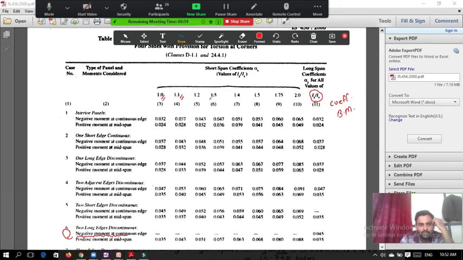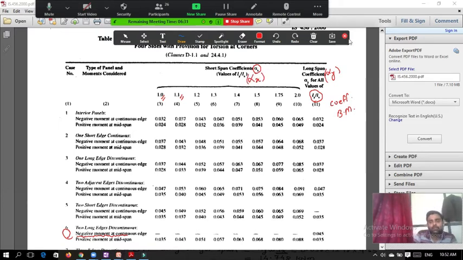You can calculate the coefficient alpha x from these values, and the coefficient alpha y in the y direction from this column. From this column you will get the value of alpha y, and from the remaining columns you will get the value of alpha x. I will tell you how to look at this table, but I am just telling you what is given over here. This coefficient is alpha x.